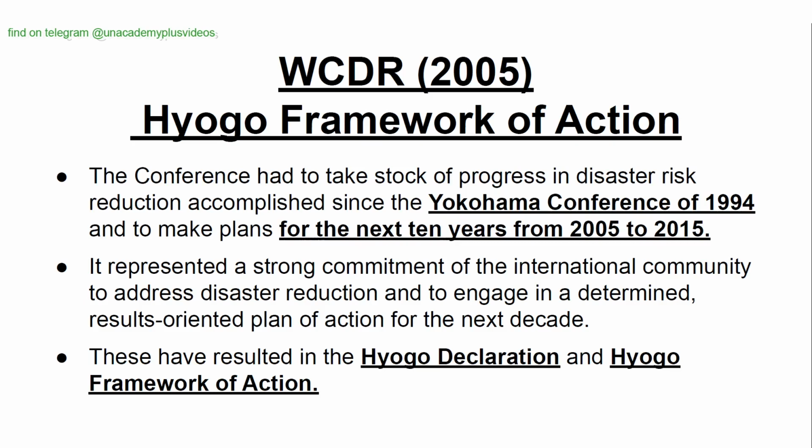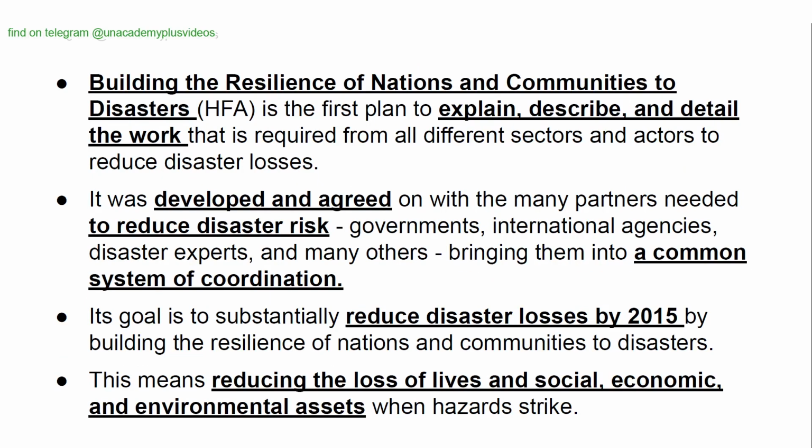It represented a strong commitment of the international community to address disaster reduction and to engage in a determined, results-oriented plan of action for the next decade. These have resulted in the Hyogo Declaration and Hyogo Framework of Action.